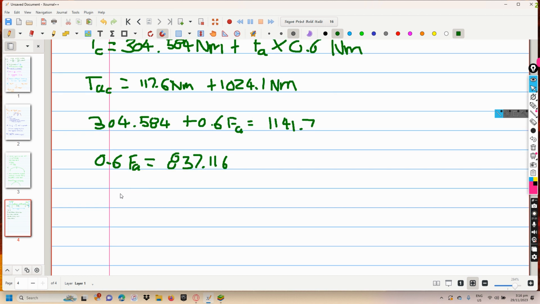So I'm just being exact until we get to the right answer. Force A is equal to that divided by 0.6, and you should get 1395.19, which is 1,400 newtons to three significant figures. I mean, this is technically two, isn't it? But yeah.